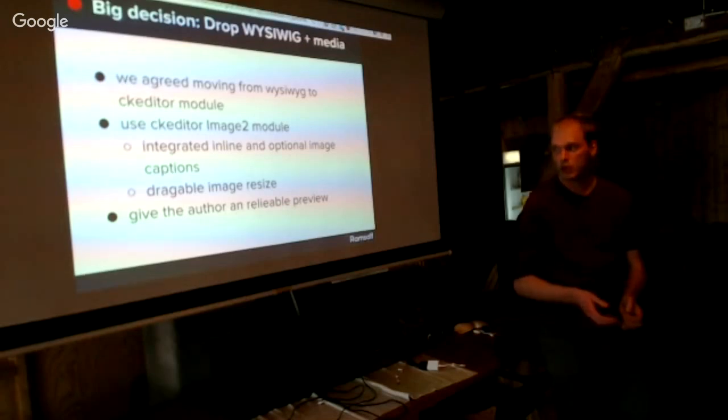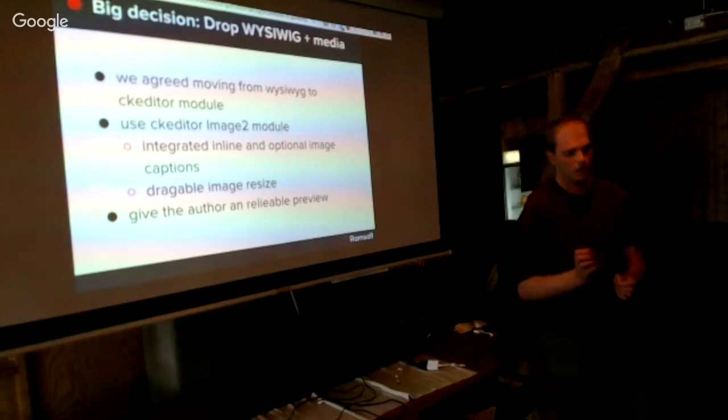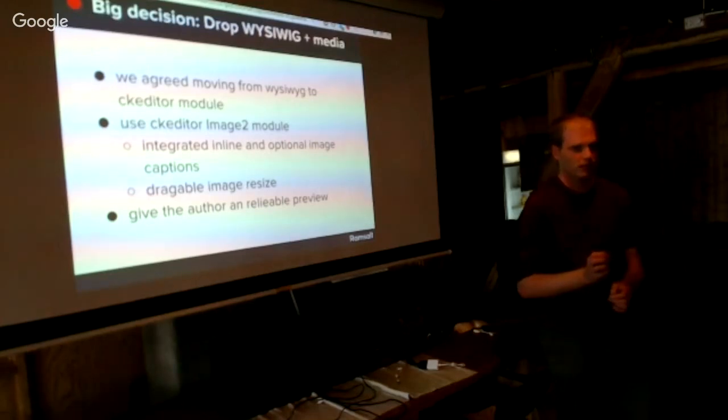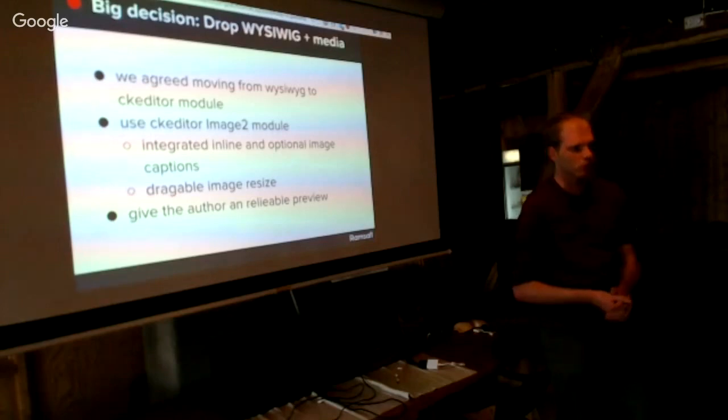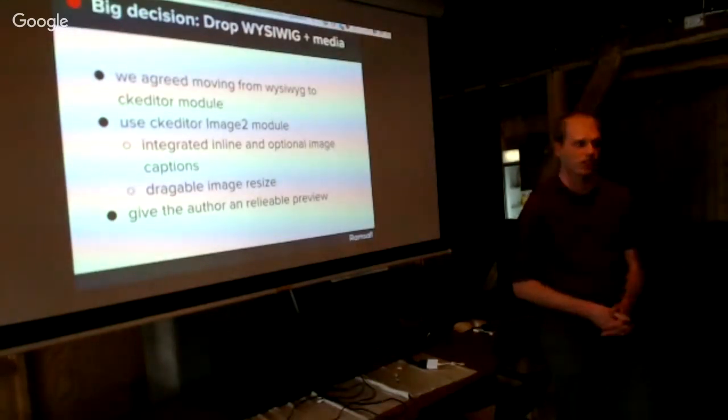And also there were some requests that it would be quite nice if you can offer a draggable image resizer, which the media button itself was not able to provide because it was more based on view mode, image styles, and so on, so more on the core field functionality that the image fields are providing.